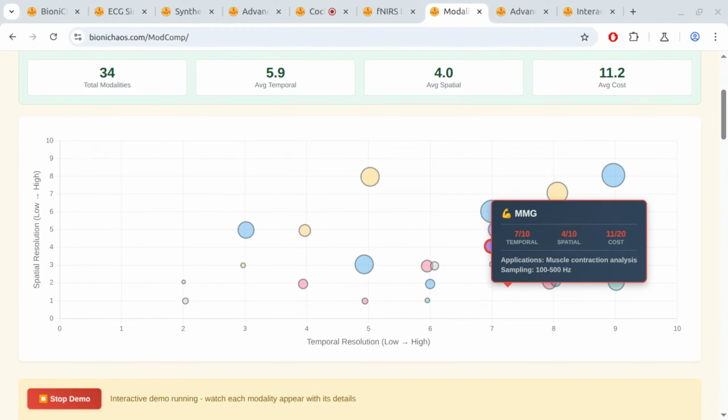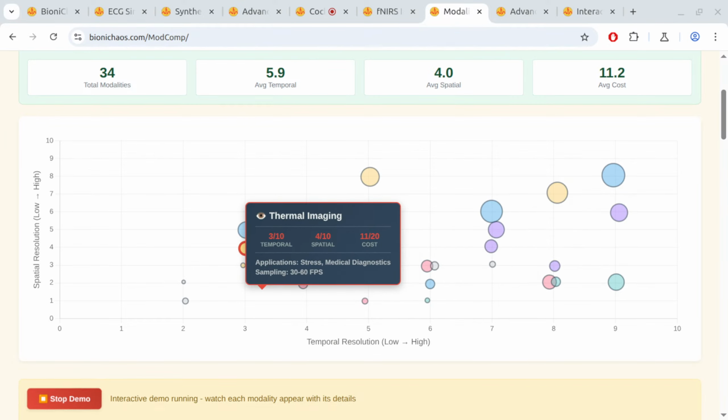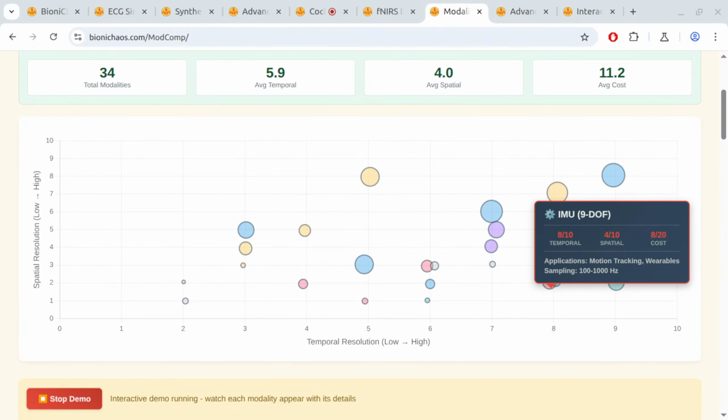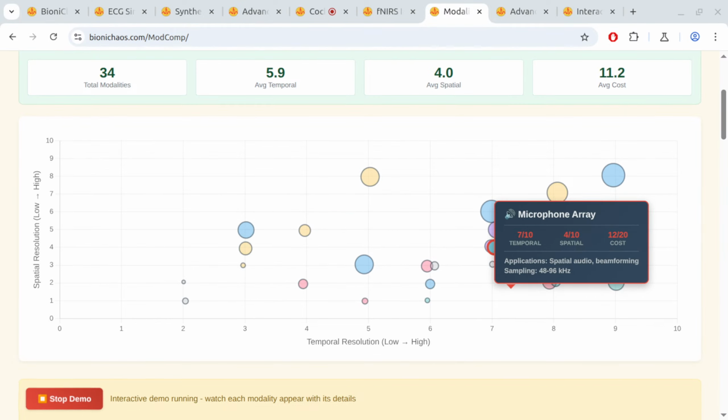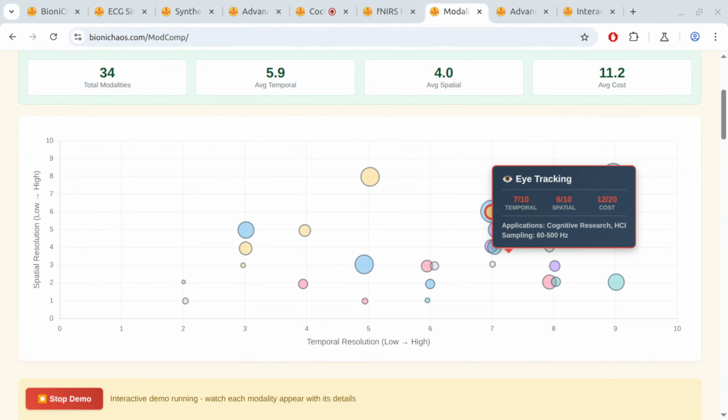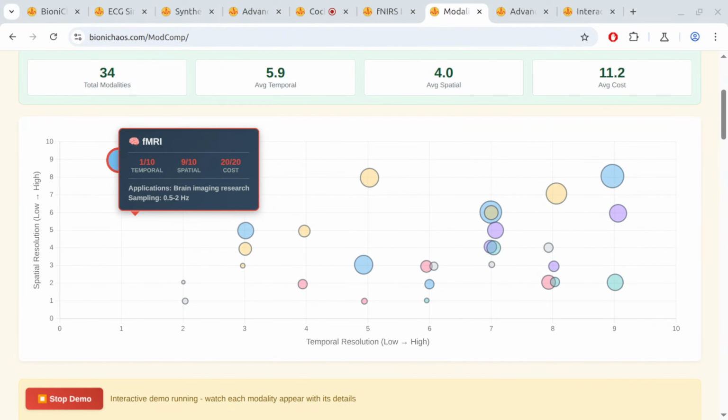The demo is still running, and more modalities are being added to the graph. You can see how they vary in terms of temporal and spatial resolution and cost. The information for each one is displayed on the pop-up.